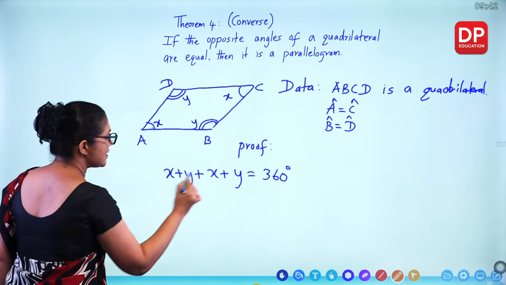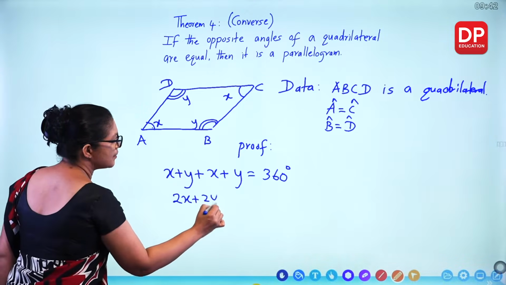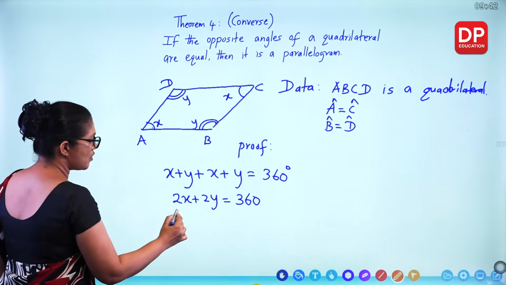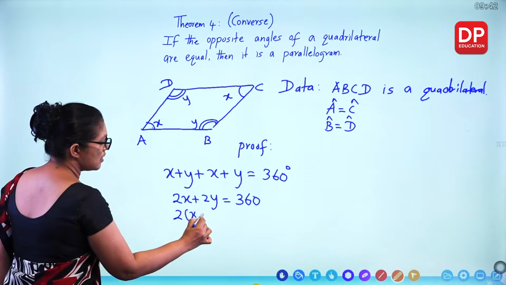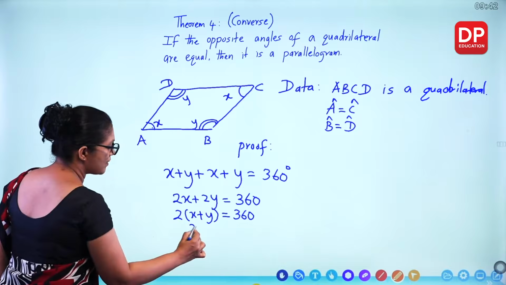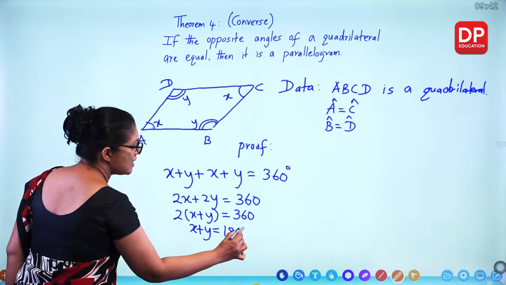Then this is double of X and double of Y. When you simplify, take 2 out, I get this one. When you divide it by 2, X plus Y is equal to 180 degrees.